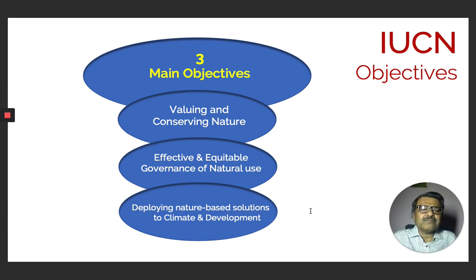Whatever natural resources we are using, this should be done in an effective manner, effectively governed, and equitably made available to citizens. Then third is deploying nature-based solutions to climate and development. These are the three main objectives for the IUCN.